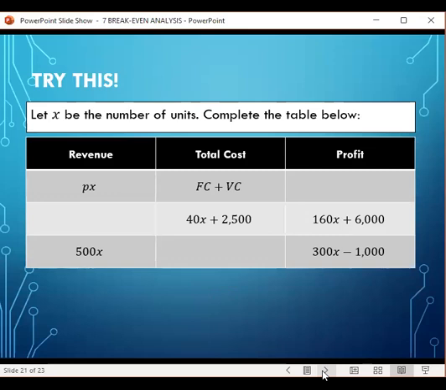Now we have the revenue, the total cost, and the profit. What do you think is the profit if the revenue is PX and the total cost is fixed cost plus variable costs? What's the formula for the profit again? That's the revenue minus the total costs.